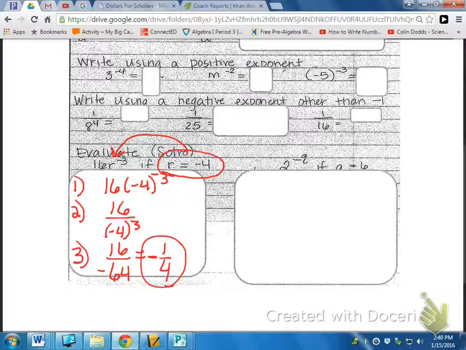Okay, so following those steps, somebody that hasn't gotten a ticket, 2 to the negative q, if q equals 6. Okay, Ben, you're up. Step 1, what would we do?